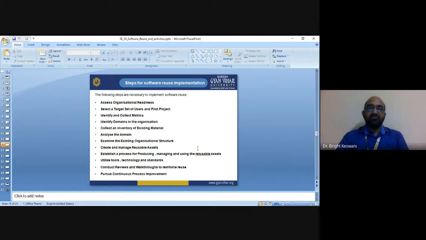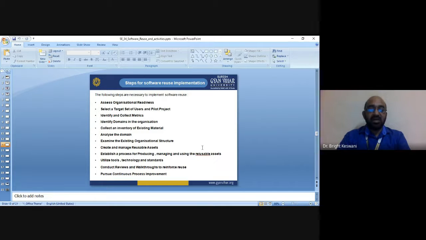Let us discuss the first step, that is assess organizational readiness. Understanding the people, process, product, technology, asset, economic metrics, and management facets of the organization, and how reuse will impact each of these aspects are the key features, key issues of the assess organizational readiness step.